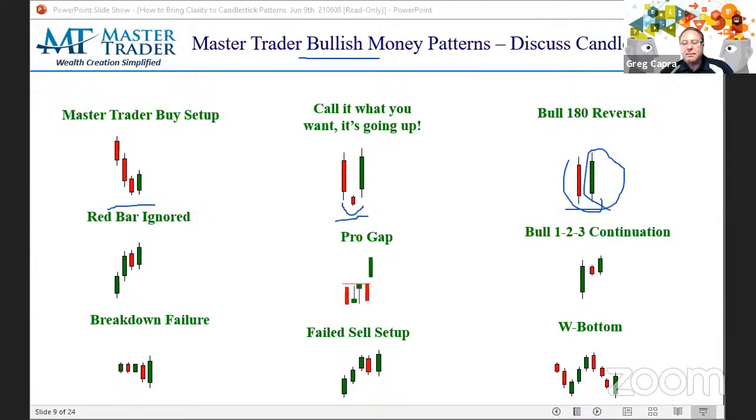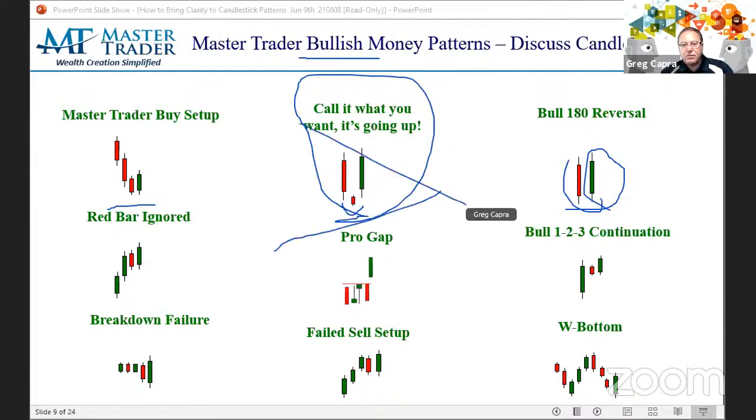And so at that point, you start looking at multiple time frames and you get confused. And so here is to drive home the point, whatever you call it, it says it's going up. Now, of course, is it in an uptrend? Is it in a downtrend? What's to the left? But as it relates to these pictures, let's just understand that all of these pictures are communicating the probability of going up.